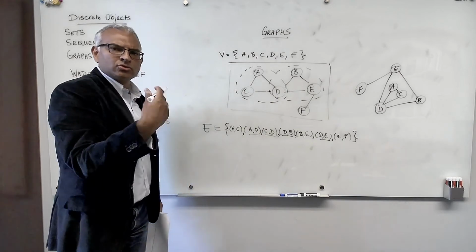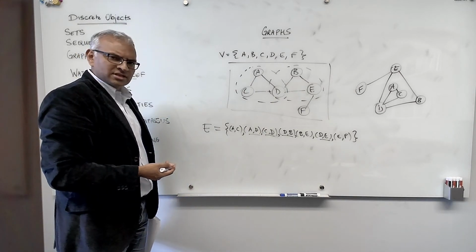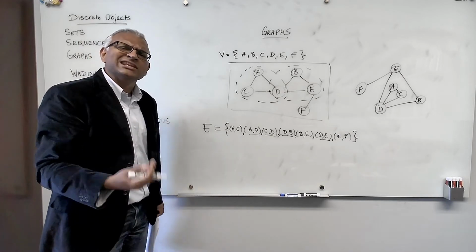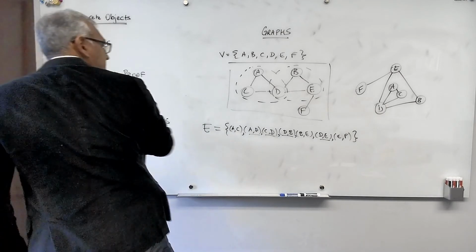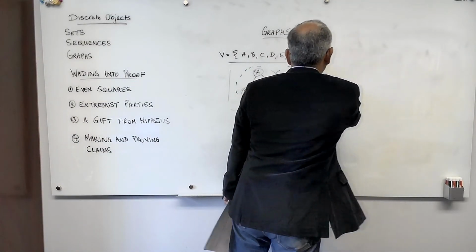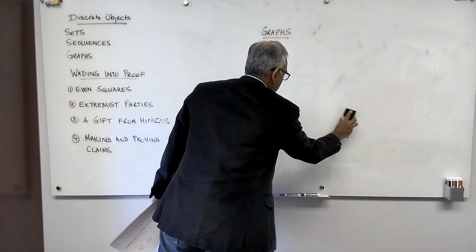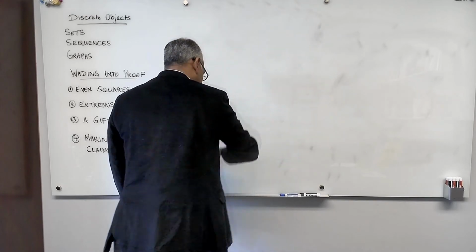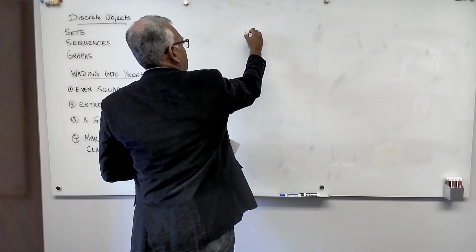Now let me show you a couple of things that we can use graphs to represent. Graphs can represent many different types of relationships. Okay, so affiliation graphs.